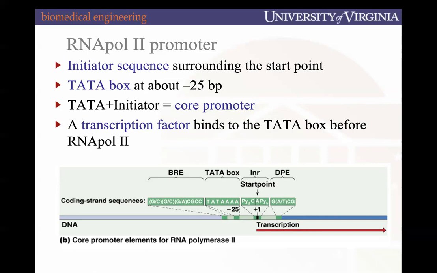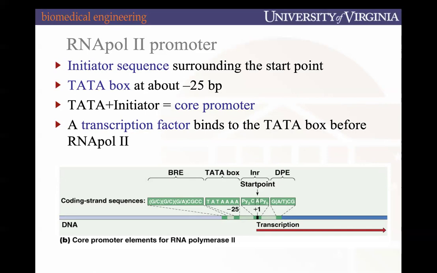And around it are stretches of pyrimidine nucleotides, cytosines or thymines. You'll have a couple to the left of it, and then another 5 to the right of the start point. These nucleotides that surround the start point we call the initiator sequence.